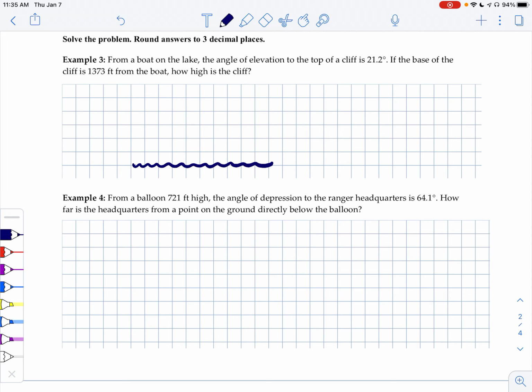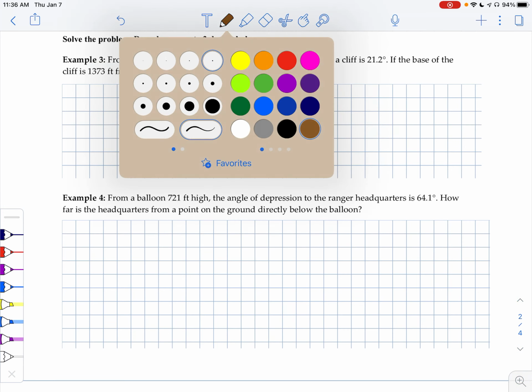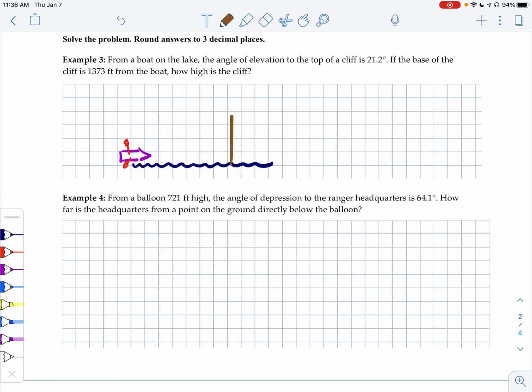So we have a boat on a lake. Let's say I have a little rowboat, hanging out on a lake. And then we have the angle of elevation up to the top of a cliff is 21.2 degrees. So let's say I have a cliff over here. There's my little cliff.